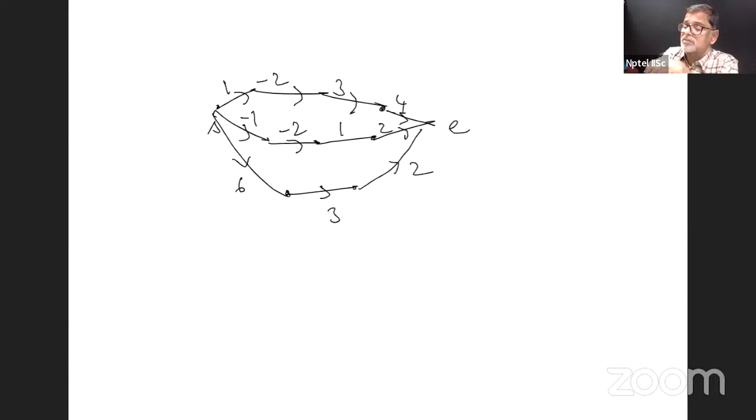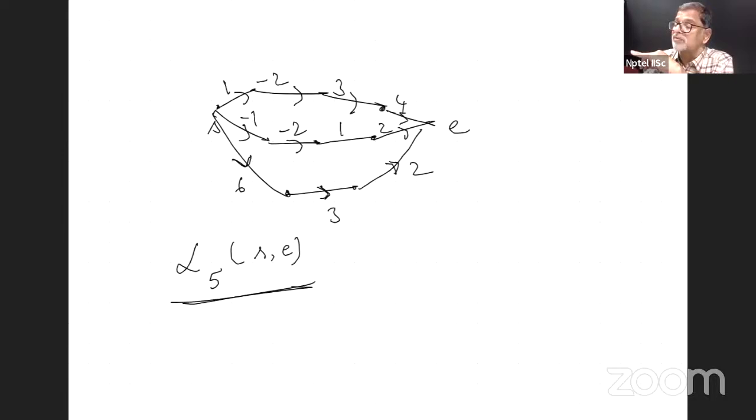Let us say alpha 5 SE. How do I calculate alpha 5 SE? I consider all walks with less than or equal to 5 edges. This one has only 3 edges, so I have to consider the weight of that walk.